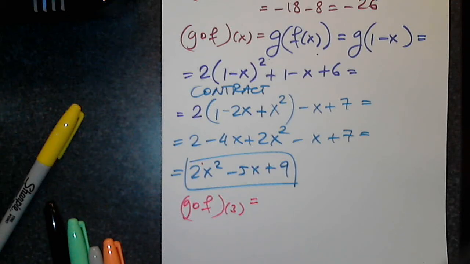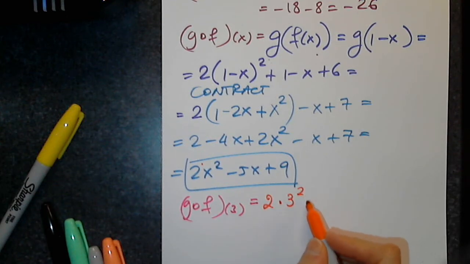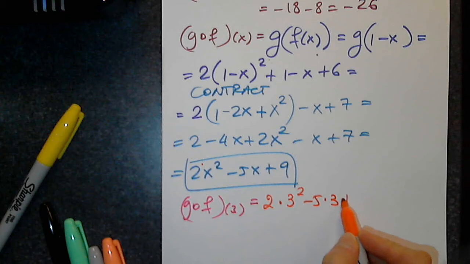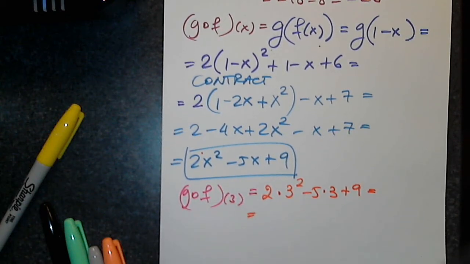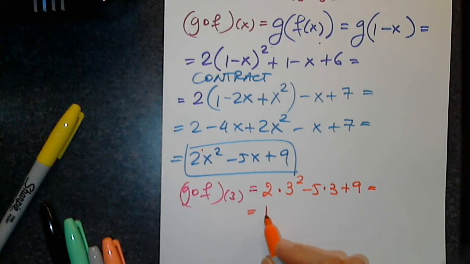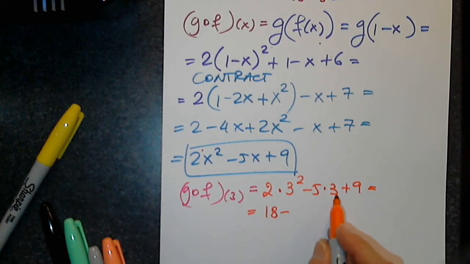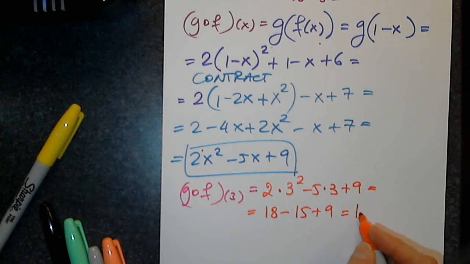Very good. Which operation do I perform first? Yes. So 9 times 2. Minus and plus 9. 18 minus 15 is 3. 3 plus 9 is?